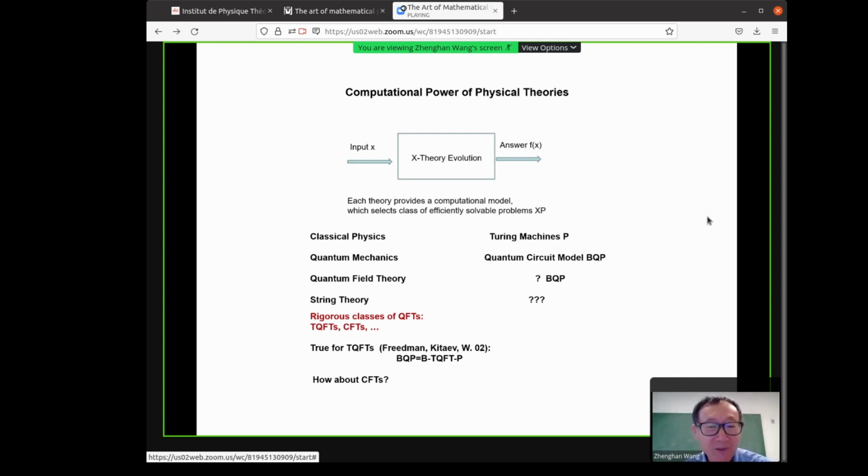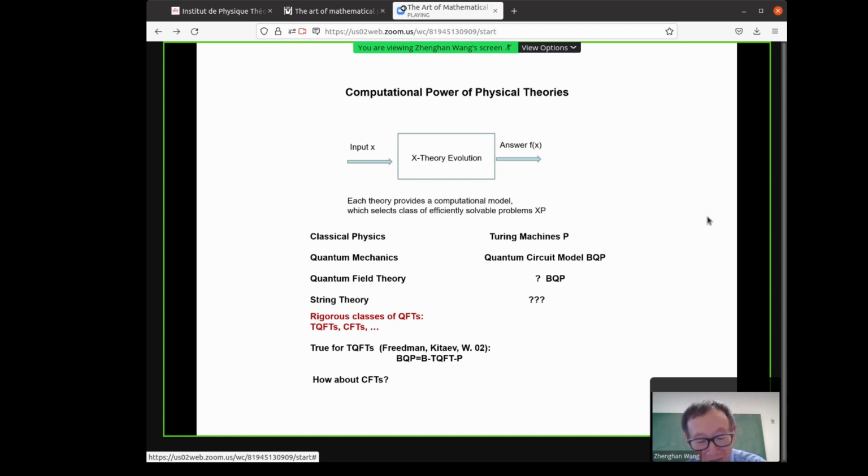In principle, if you think about computing, if you give me any physical theory, there would be a computational model. The idea is very general. I think it's probably known to Turing already. If you think about a computing problem, it's just a family of functions you want to compute.